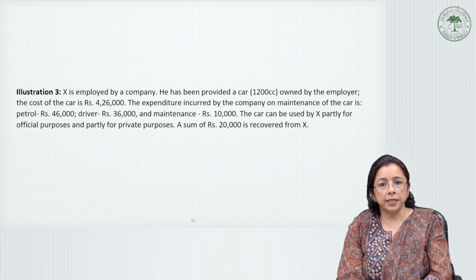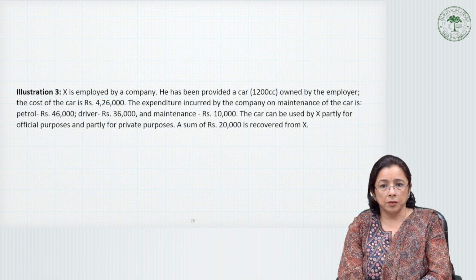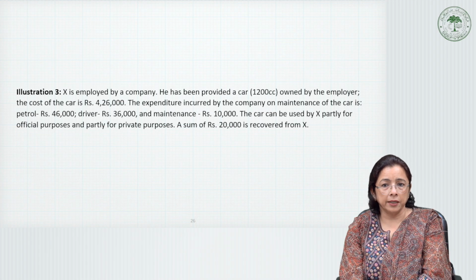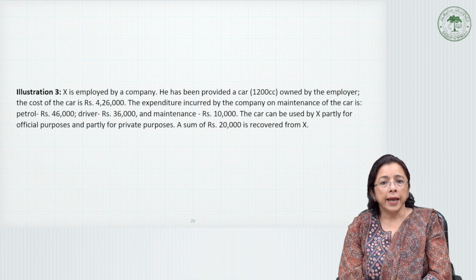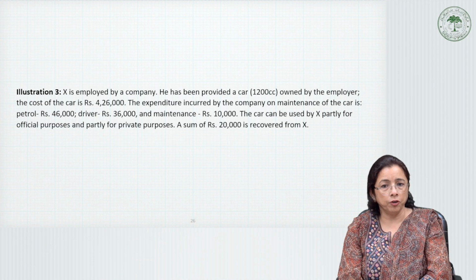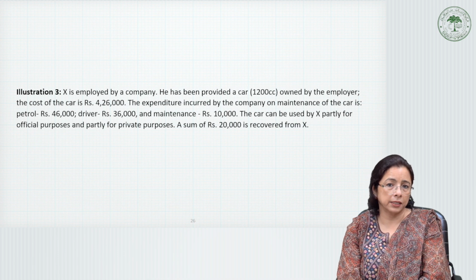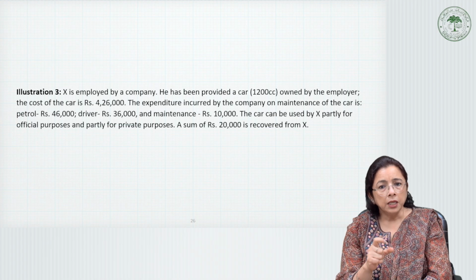The expenditure incurred by the company is on petrol rupees 46,000, on driver rupees 36,000, and maintenance rupees 10,000. The car is used by X partly for official and partly for private purpose, and the sum of 20,000 is recovered from X. Obviously, the last entry will be deducted from whatever the value of perquisites has been computed.